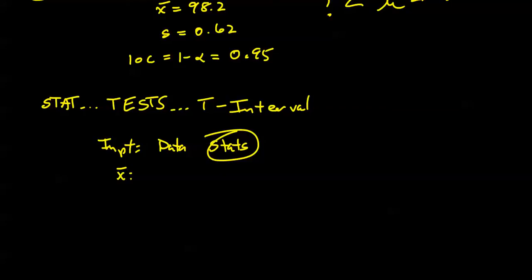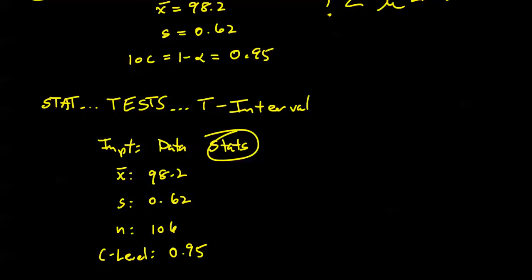Our sample mean was given to us, 98.2. Our sample standard deviation was given to us as 0.62. And of course our sample size was stated as 106. Our confidence level, how sure do we want to be to contain mu? That was 95%, so I'll just put in 0.95. Alright. Highlight and enter calculate, and I'll get the following result.